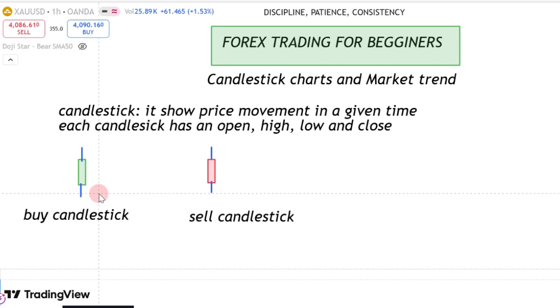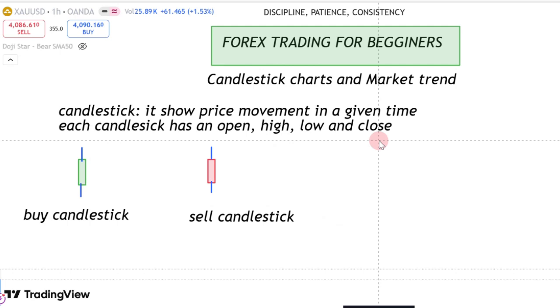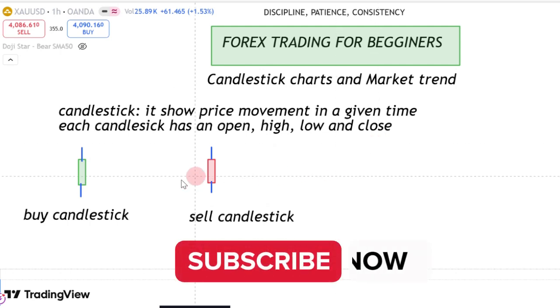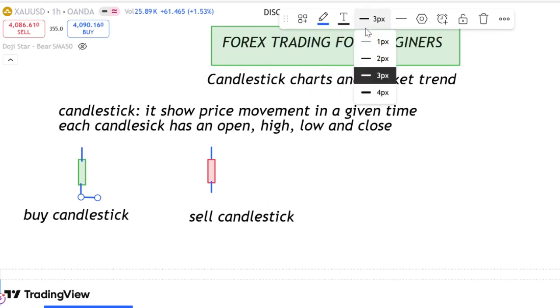So let's start with the buy candlestick. You see, each candlestick has an open, high, low, and close. For a buy candlestick, this zone is marked as the high, and this move is marked as the low. Let me make it small.